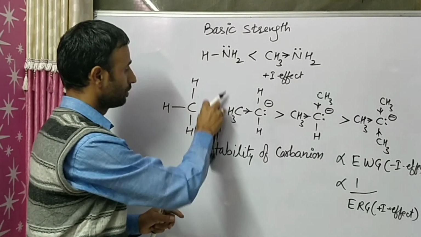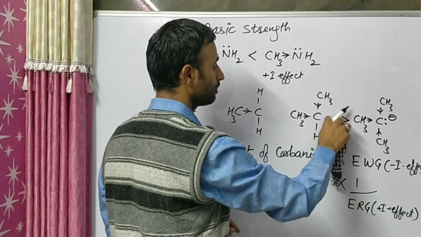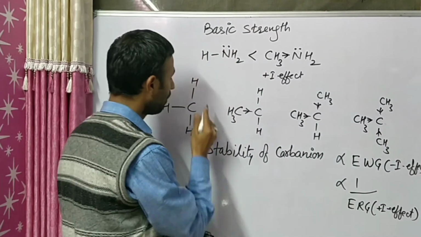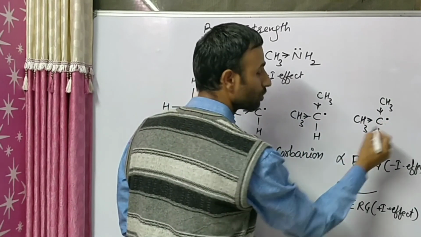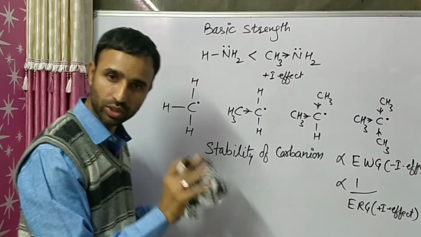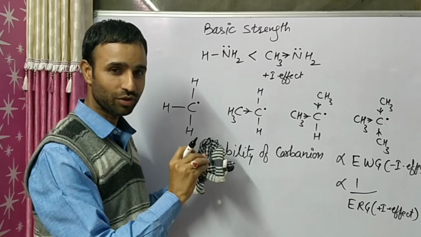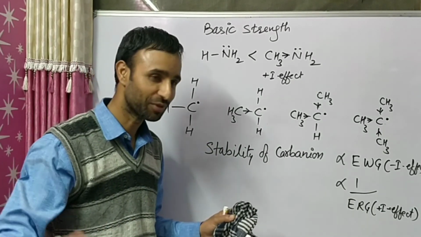Next is free radical. What is a free radical? Carbon having a free electron. Very good. Carbon having an odd electron, one free electron. It is neutral. Now tell me, is it electron rich or electron deficient? Deficient. Very good.